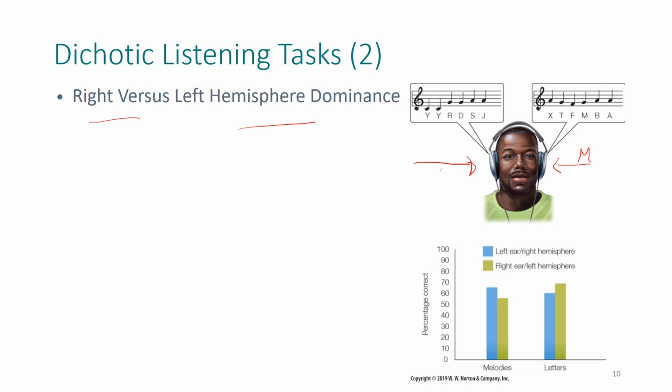So this one is melodies, this one is letters. This is left ear, right hemisphere. This is right ear, left hemisphere. As you can see, in the melodies the left ear is much better, and in letters, the right ear was much better.